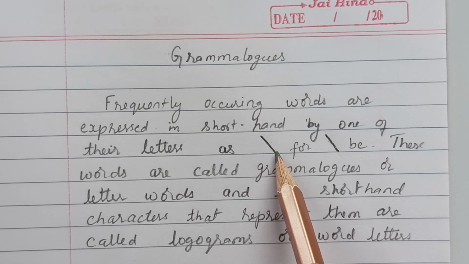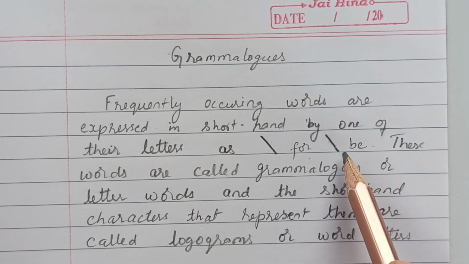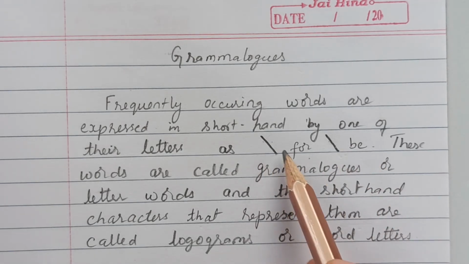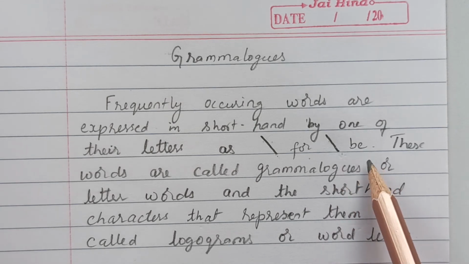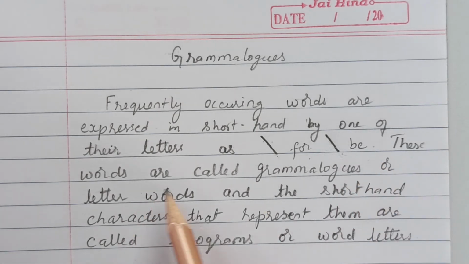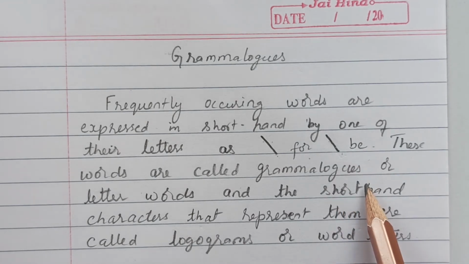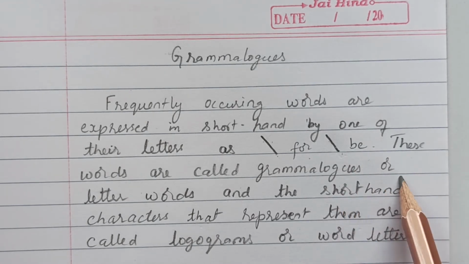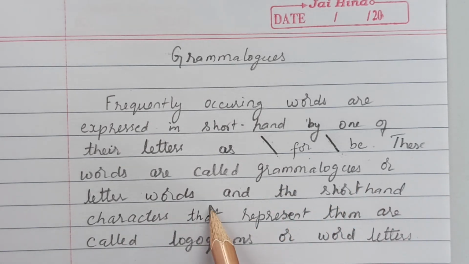As you can remember this stroke, it is B. So for B, instead of writing B and a dash here, if you write only the consonant, it will be understood as B. And these words are called grammalogues. So the grammalogues won't have the vowels. And these grammalogues are letter words, and shortened characters.